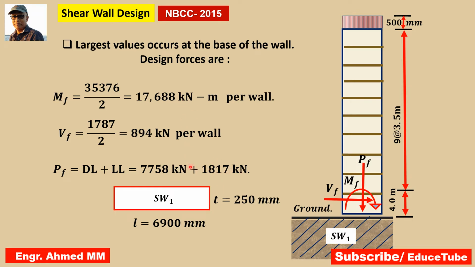One important thing I want to mention is that these loads are without any factor. I mean they are not factored loads, because I did not use any factor. Another important thing is each floor height is 3.5 meters. Only the first floor is 4 meters. Parapet is 500 millimeter. So let's move ahead.